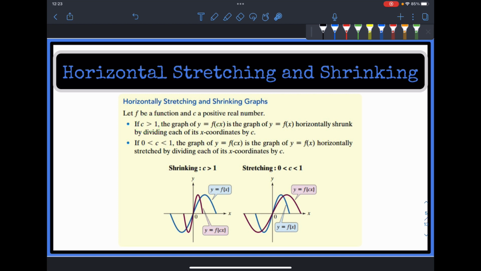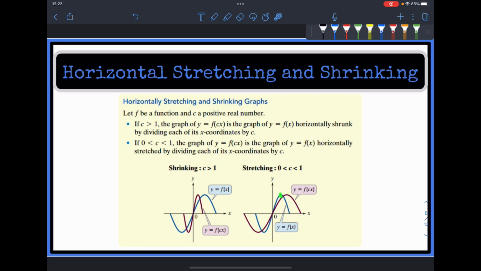And then if we do the opposite and multiply our input value by a number less than 1, still a positive number, it's going to stretch the graph horizontally. So this x-intercept has been stretched outwards, and we see that we reach the x-intercept later than sooner. And the relative maximum point is a lot later.